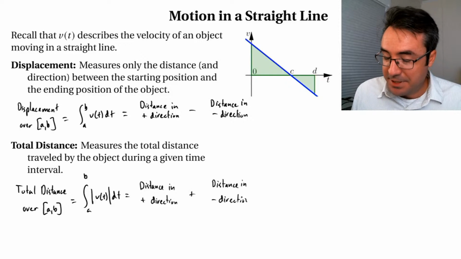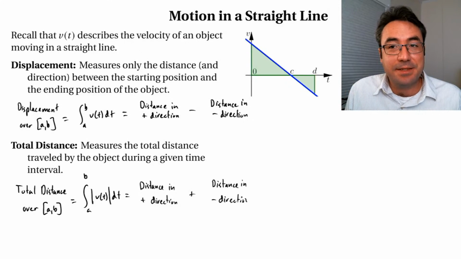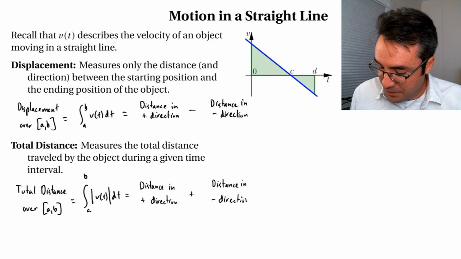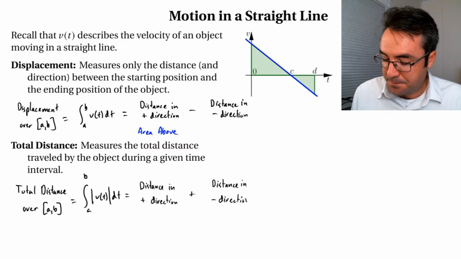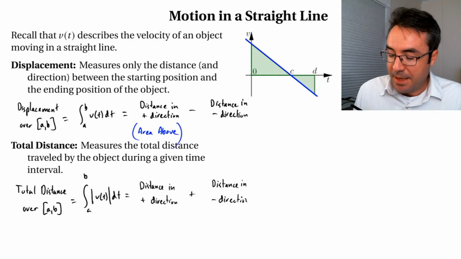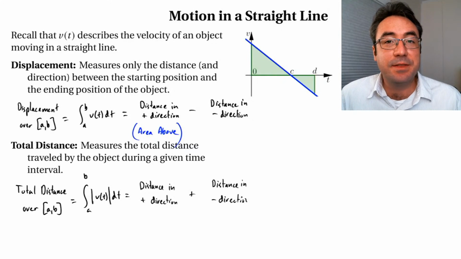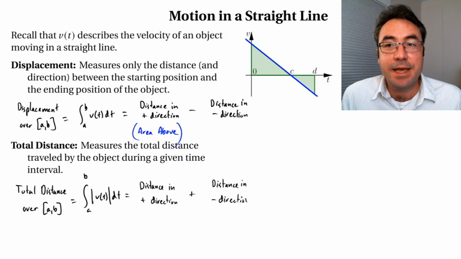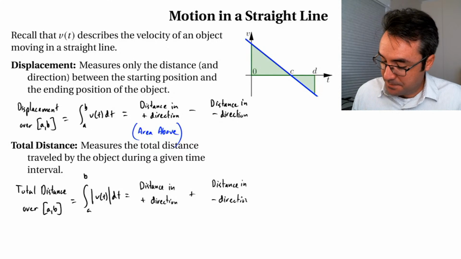And calculating the distance traveled in the positive direction, you could think of this as the area above the curve. And then distance traveled in the negative direction is the area for the region that goes below the horizontal axis.